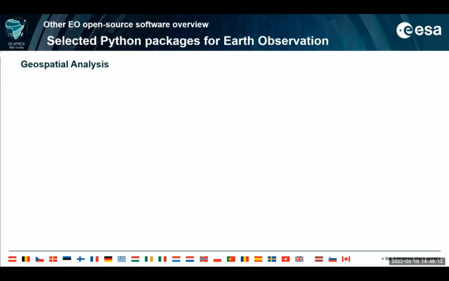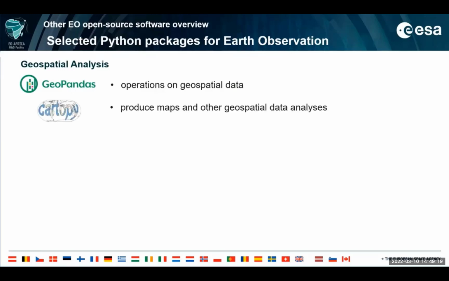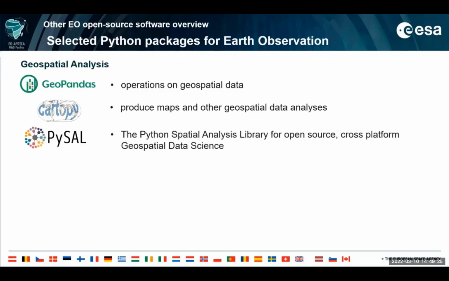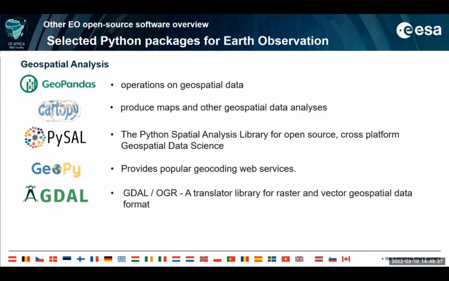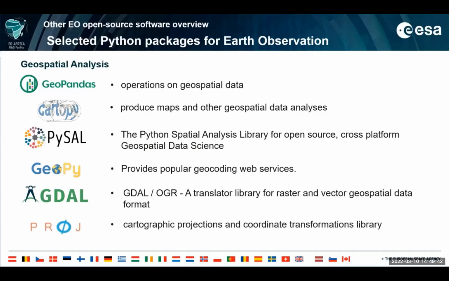Python has dedicated tools for geospatial analysis, such as GeoPandas for operations on geospatial data, Cartopy to produce maps and other geospatial data analysis, PySAL, the Python Spatial Analysis Library for open-source cross-platform geospatial data science, GeoPy which provides popular geocoding web services, GDAL, a translator library for raster and vector geospatial data formats, and PROJ, a cartographic projections and coordinate transformations library.